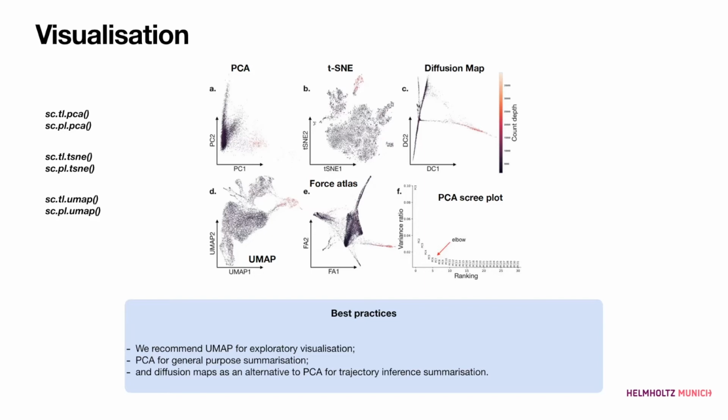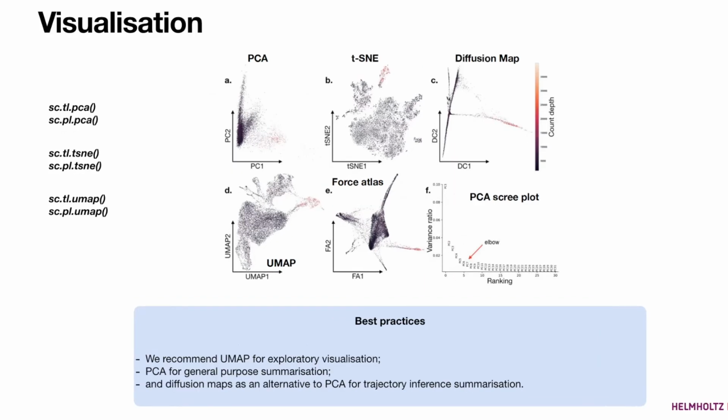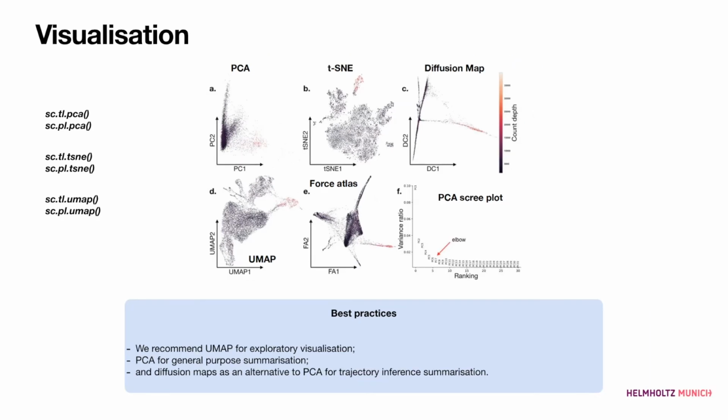With all of these techniques, it's important to mention that you shouldn't over-interpret anything that you see in any of the nonlinear dimensionality reduction maps. For example, you should not just look at the UMAP and start to measure distances between clusters and use this as a proof that your clusters are different or the same, because it's a nonlinear way of reducing your data.